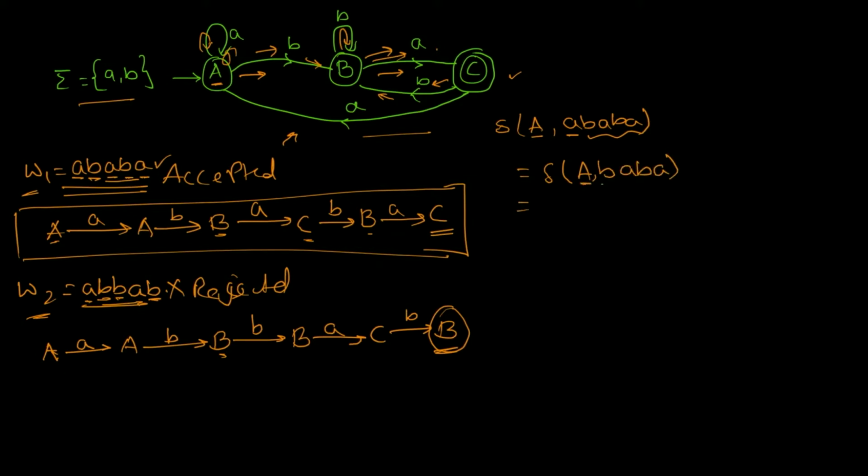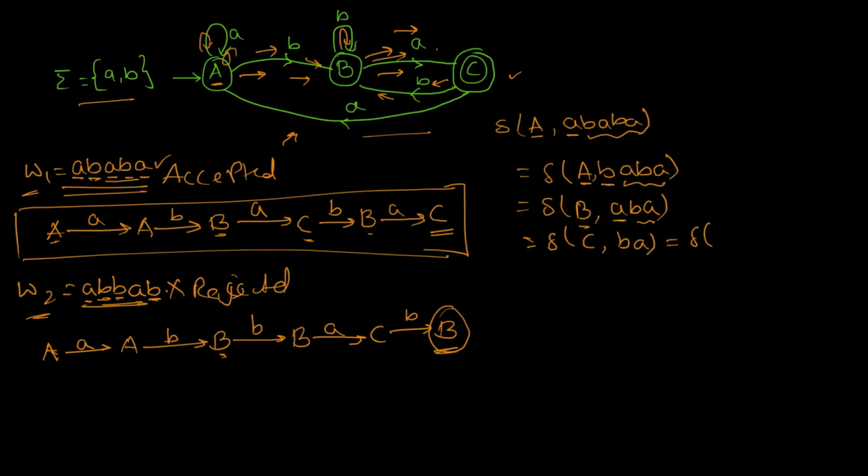From state A, on seeing symbol B, we go to state B, and the rest of the string comes here. From state B, on seeing A, we go to state C, and the rest of the string comes here.